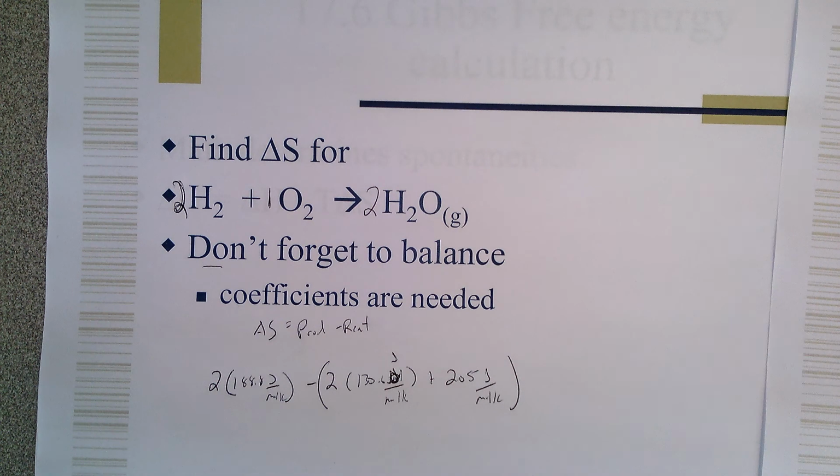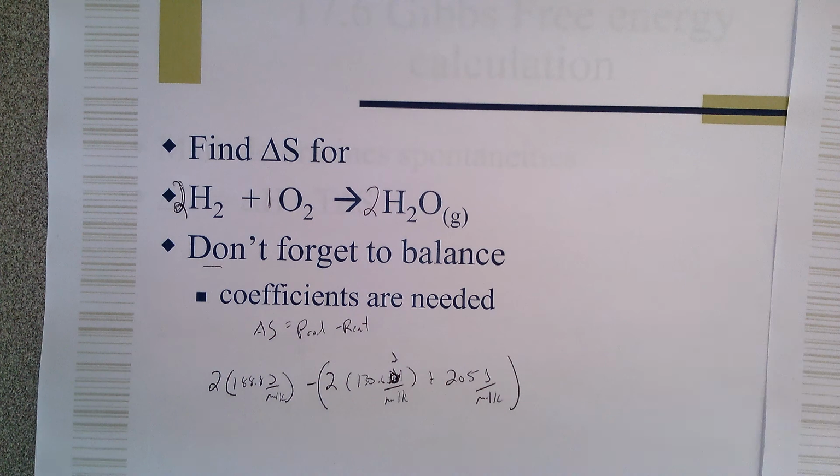So 2 times 188.8 minus, be careful with your parentheses there because we need the whole thing, 2 times 130.6 plus 205. Not a bad idea to do that calculation yourself. It's easy to get parentheses in the wrong spots.